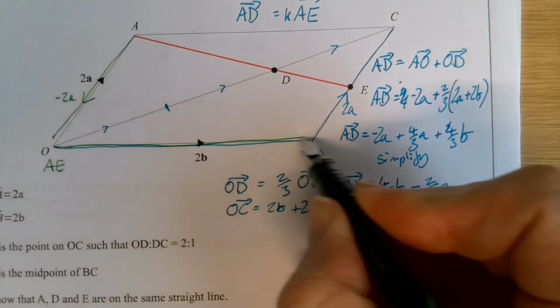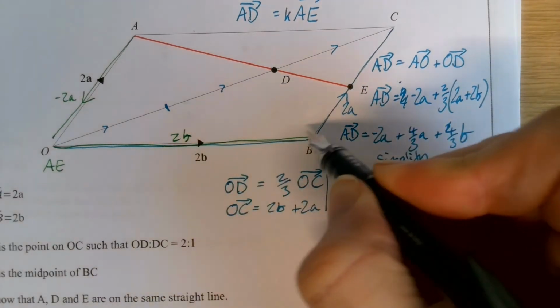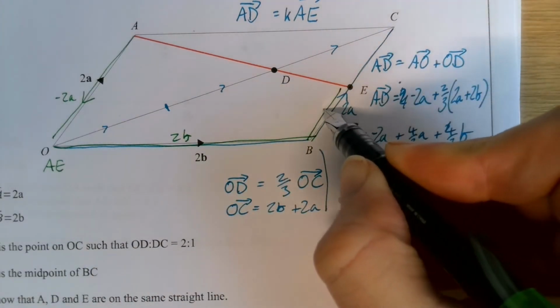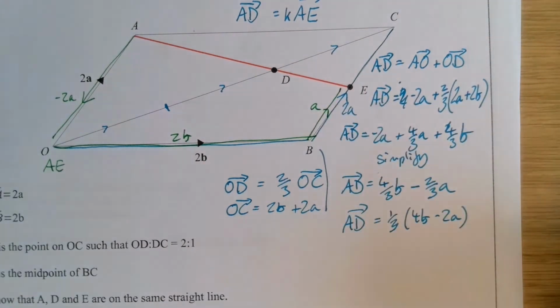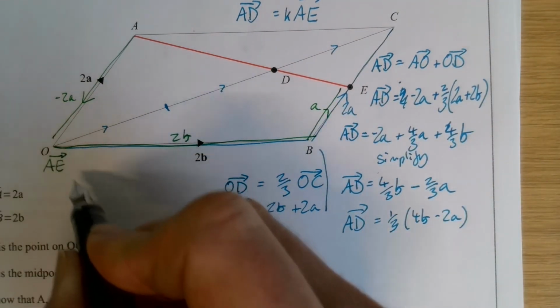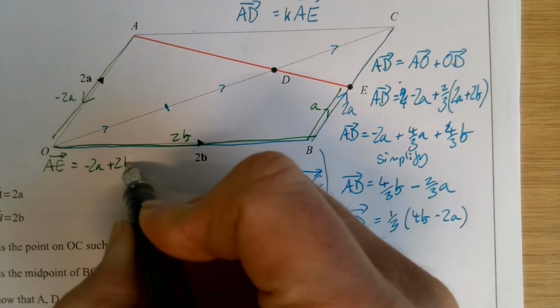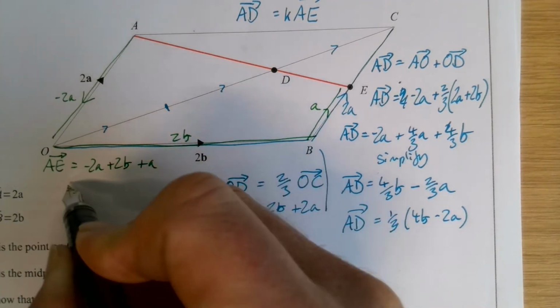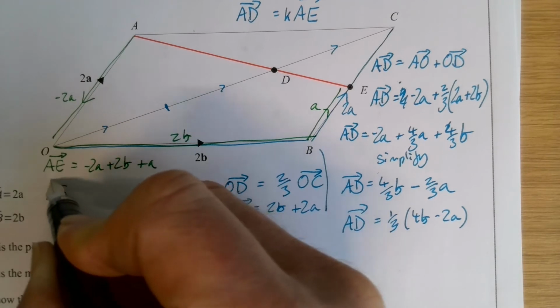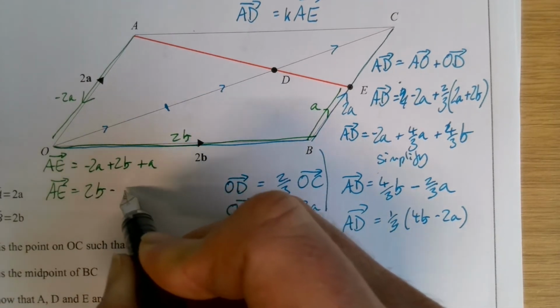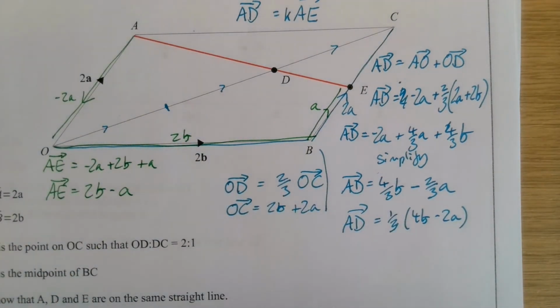It's that, which is 2B, and then it's half of B to E, which is plus A. So AE is going to be negative 2A plus 2B plus A, and that simplifies down to 2B take 1A.